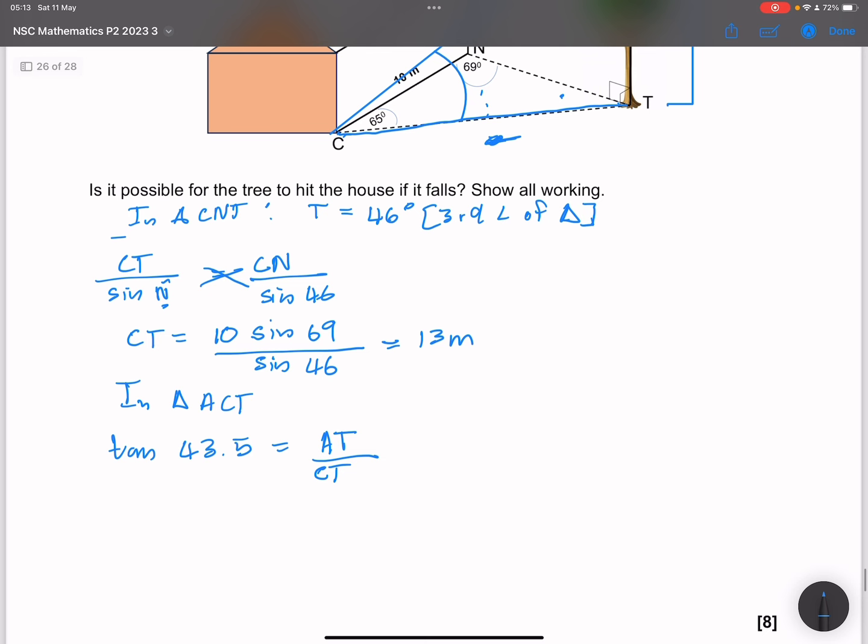So we are looking for AT. AT would be equal to CT times the tan of 43.5.